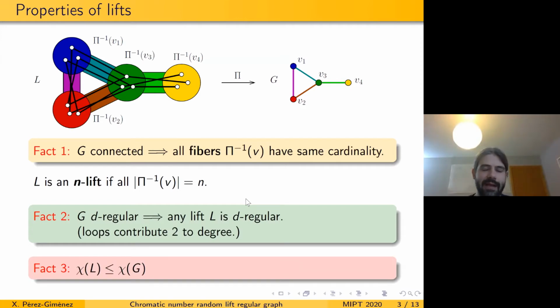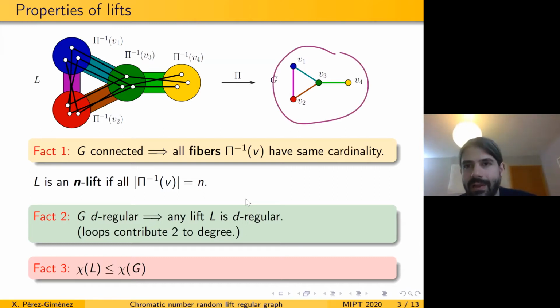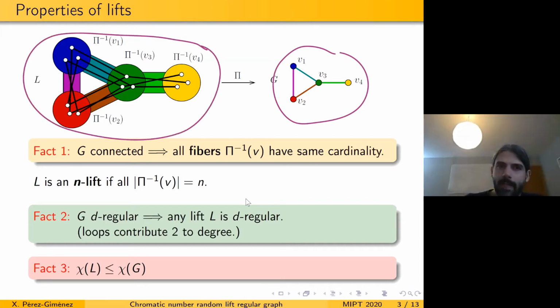A third easy fact is that the chromatic number can only go down if I take the lift of a graph. So here I have a proper coloring of this graph G. It's not optimal. You could do with fewer colors, but the lift inherits it. So if I had a 4 coloring, I can easily create a 4 coloring of the lift by giving to each fiber the same color as in the base graph, and that still gives me a proper coloring.